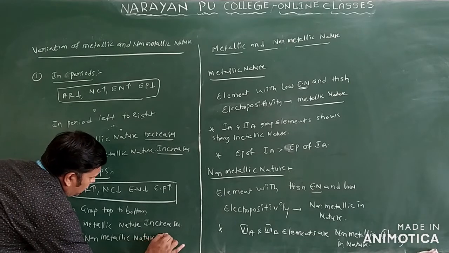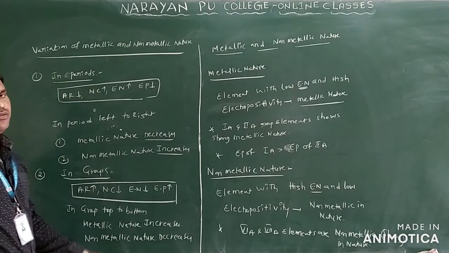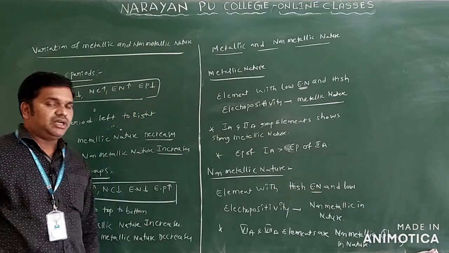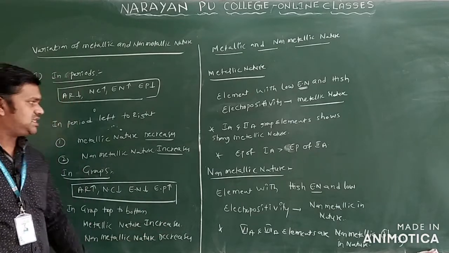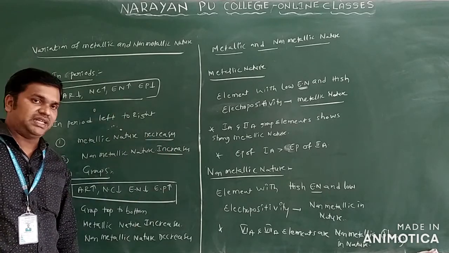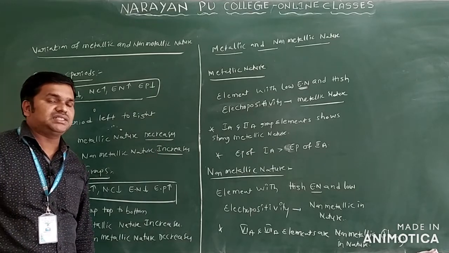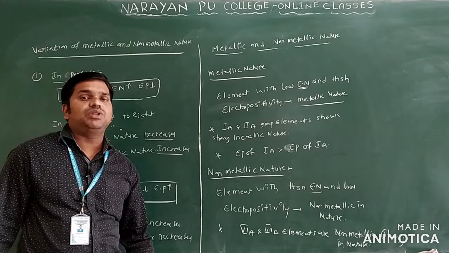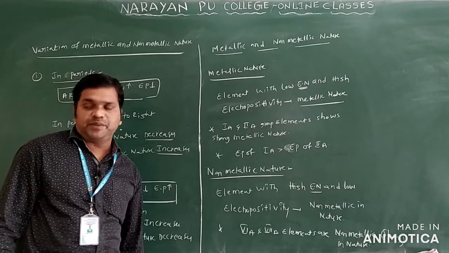Non-metallic nature is related to electronegativity: electronegativity decreases, so non-metallic nature decreases. Electropositivity is related to metallic nature: electropositivity increases, so metallic nature increases. Similarly, along a period, electronegativity increases, so non-metallic nature increases, electropositivity decreases, and metallic nature decreases. So this is how metallic and non-metallic nature vary in groups and periods.